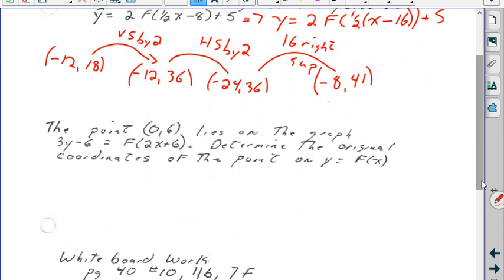Do you see how the next one is different? The point 0.06 lies on this graph. That's where we want to end up.